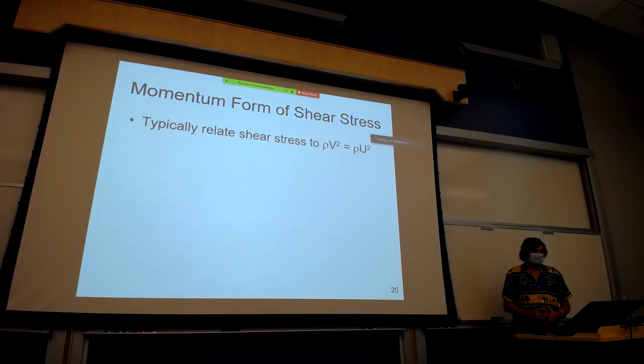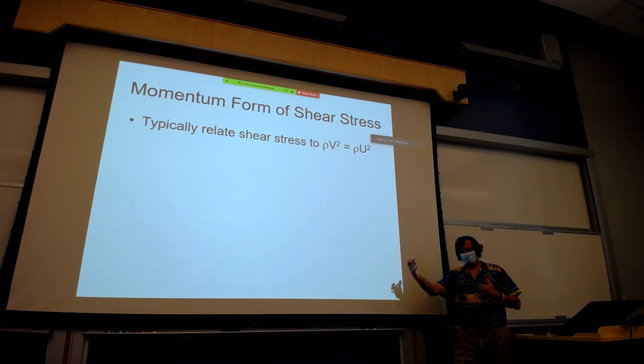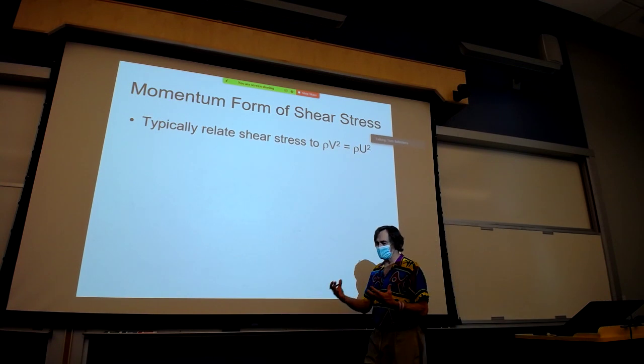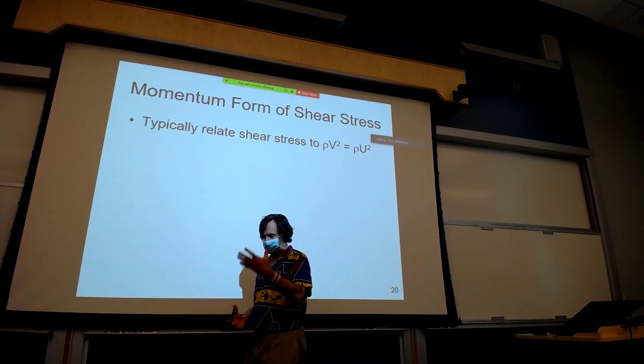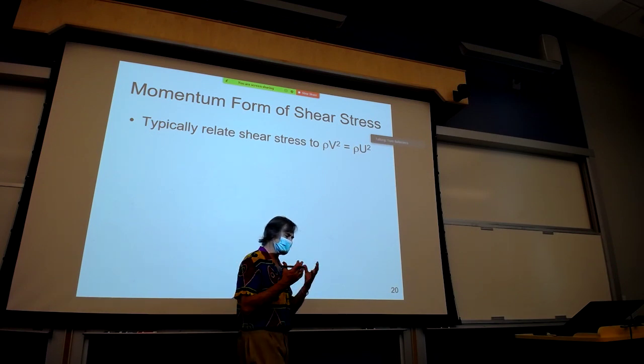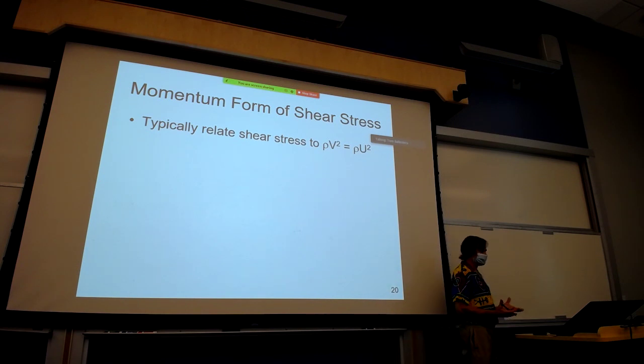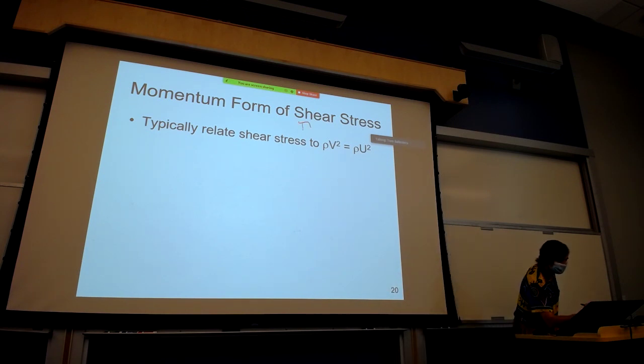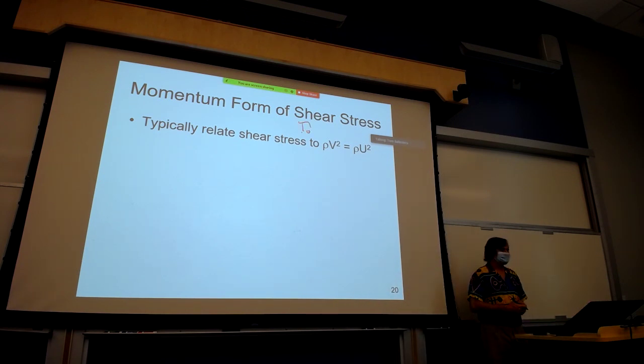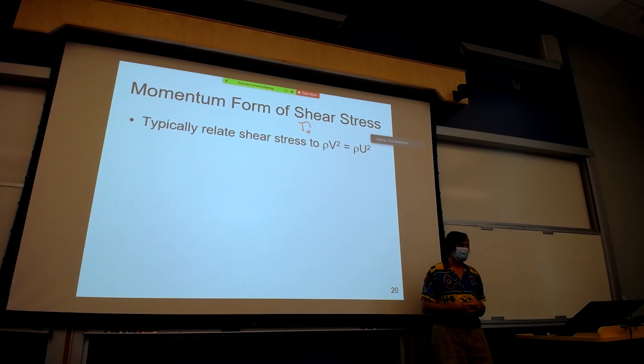So, typically, in fluid mechanics, instead of using that form of the equation that we just derived for Blasius for shear stress, people like to relate shear stress, and again, shear stress is tau zero, shear stress on the plate, to a momentum concept. And remember, we just finished momentum, rho Q v. Rho times the velocity squared.